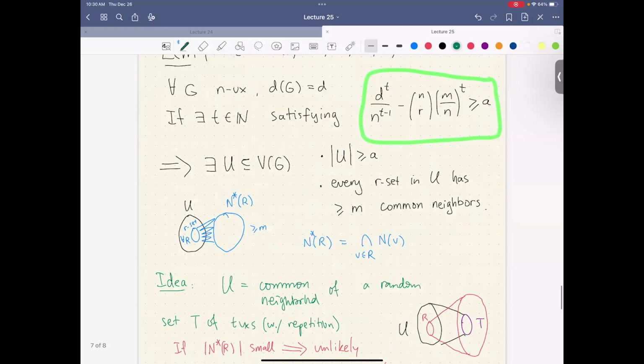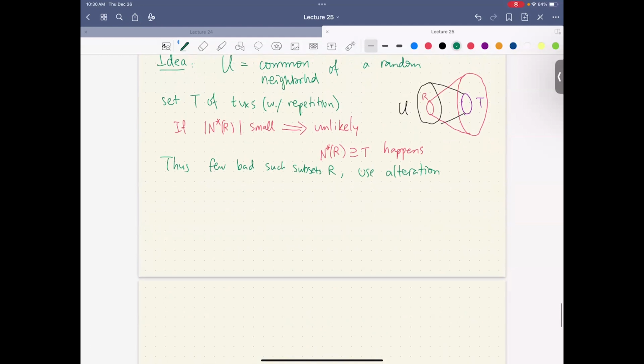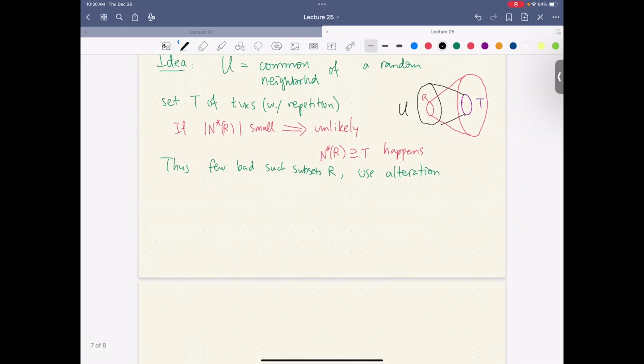Now let's look at the details. Proof. Let T, as I said, be a random set of t vertices with repetition allowed.